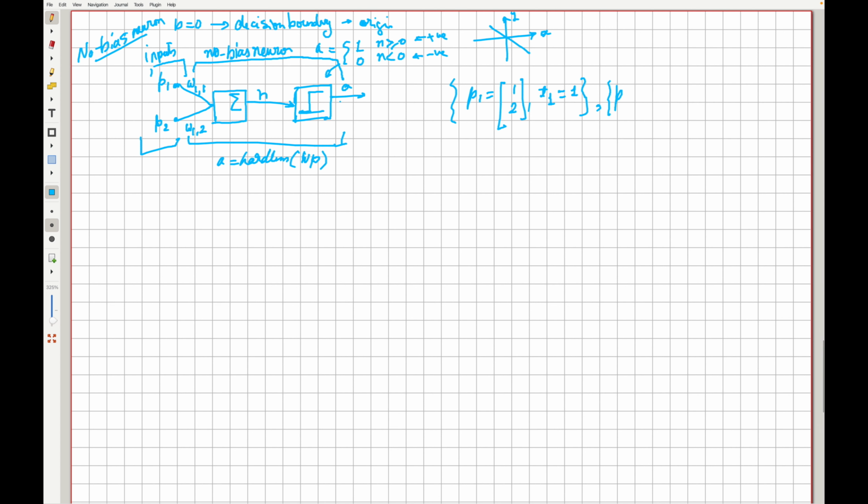Then for the second data point p2, the coordinates are (-1, 2), and the target class here is 0, so that is the negative class. Likewise, we have another data point p3, which has value (0, -1). Again, we say that this belongs to the negative class 0.